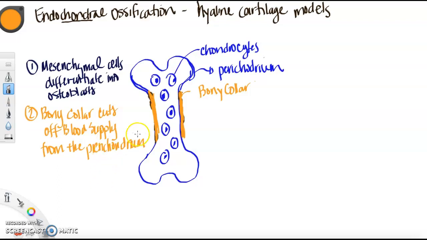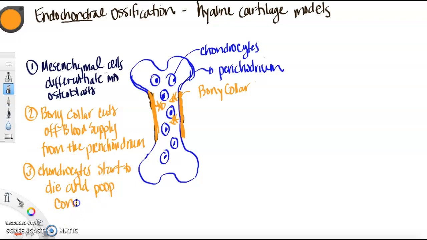That means there's no diffusion. Normally nutrients would diffuse in here, and that's how the cartilage survives. But now it's cut off. So without nutrition, the chondrocytes there are going to start to die, and when they die, they kind of barf out, they kind of poop concrete.